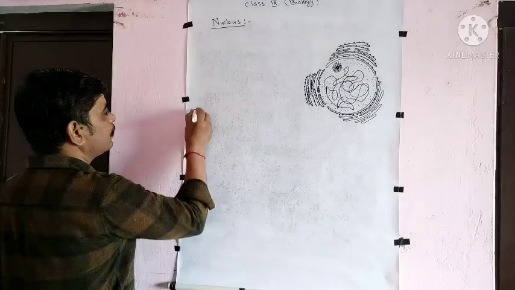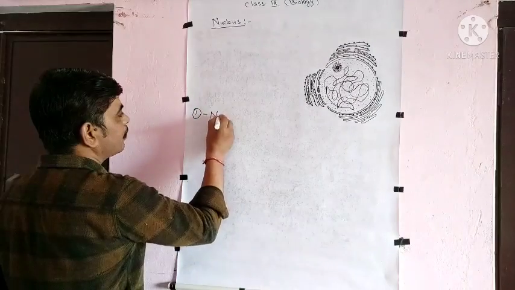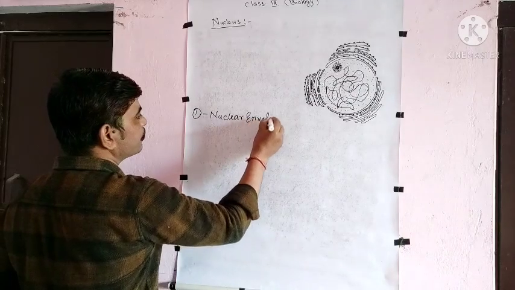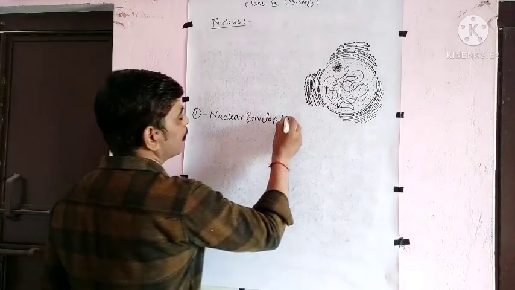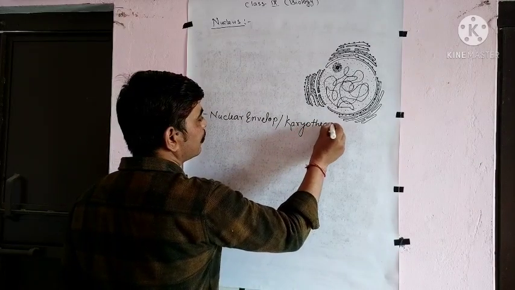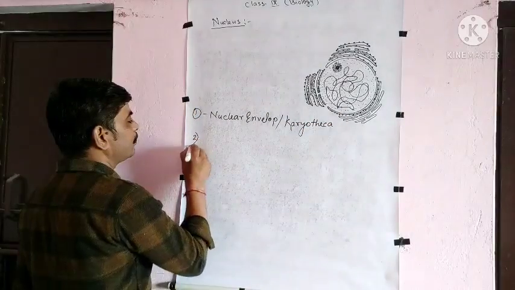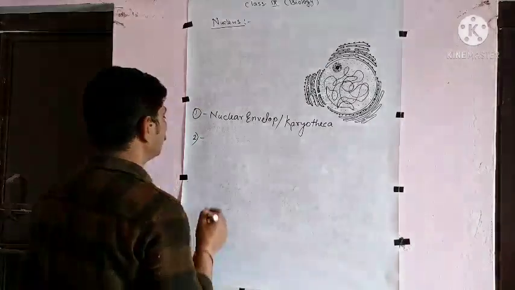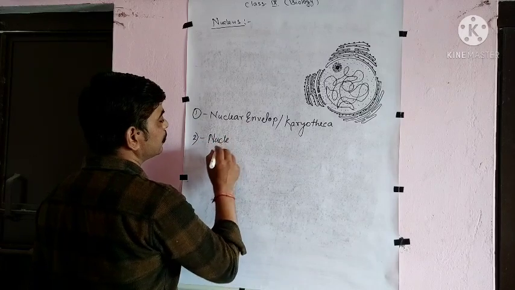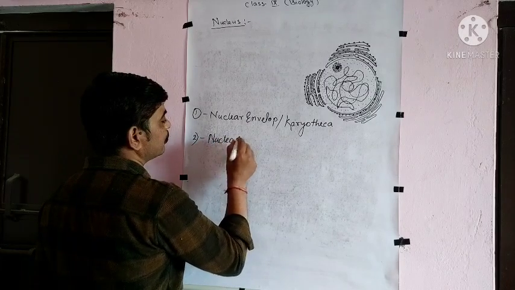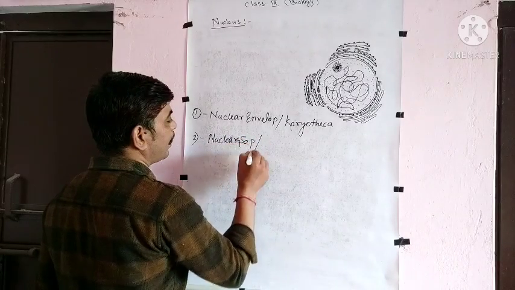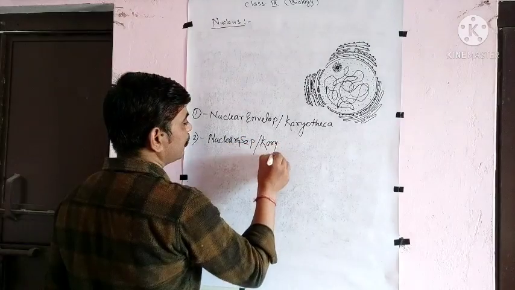that is, first part, nuclear envelope or karyotheca. Second is nucleoplasm or nuclear sap or karyolymph.